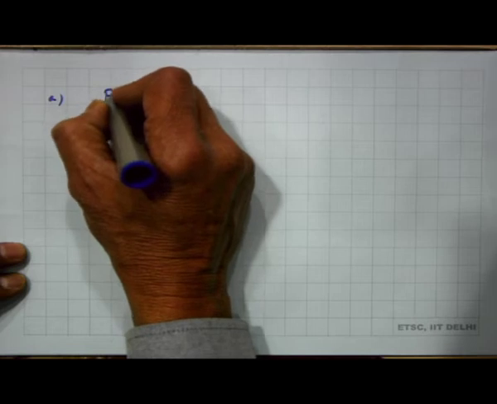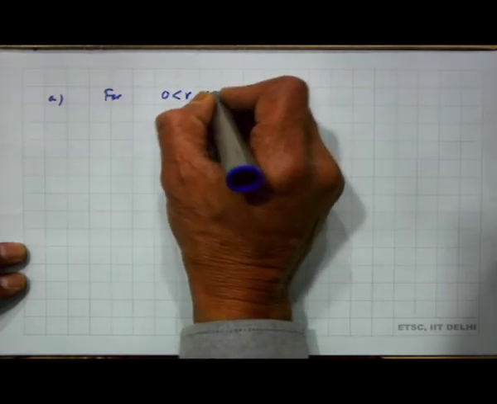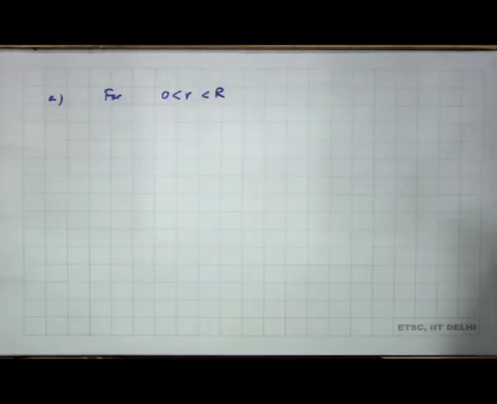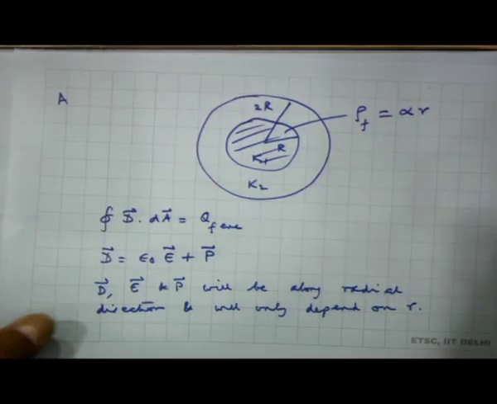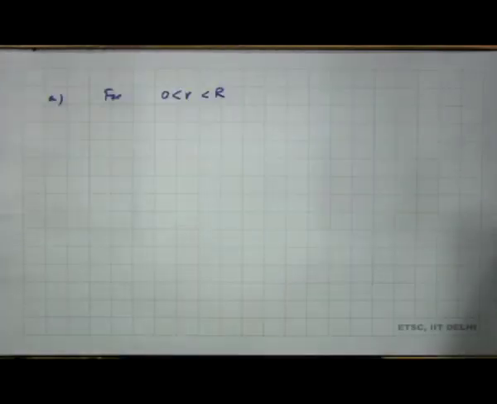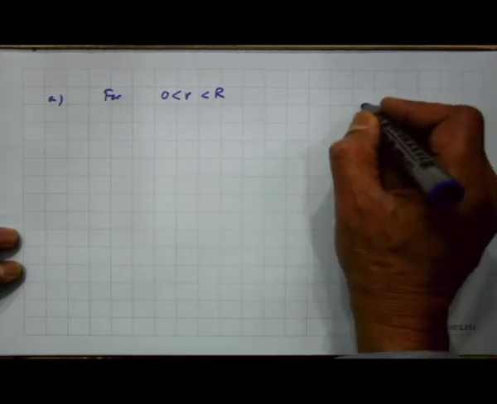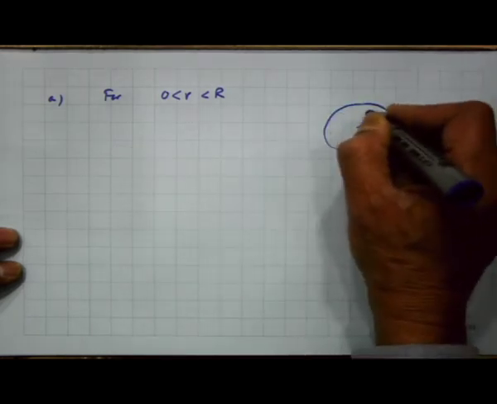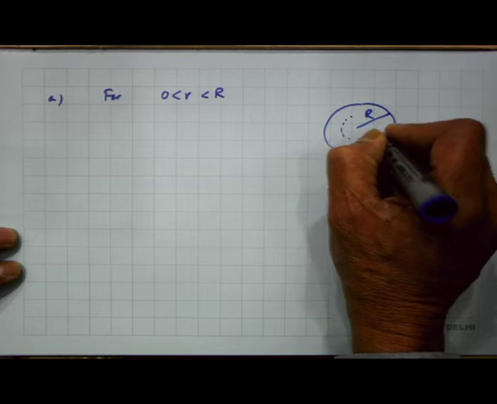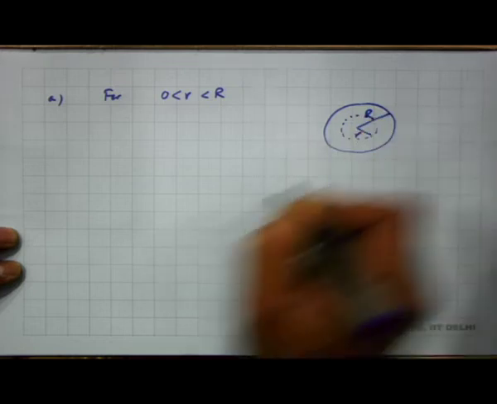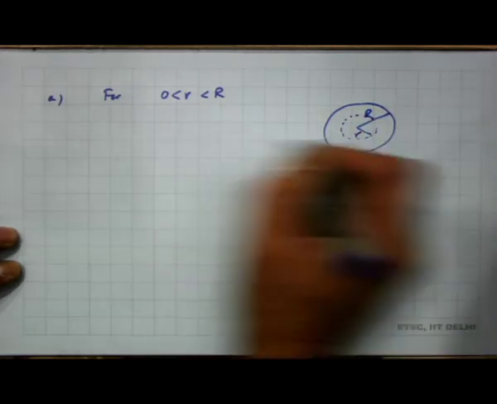So, for example, for 0 less than r less than capital R, that is within the inner sphere of radius capital R, I take a sphere of radius small r, and I integrate over this.